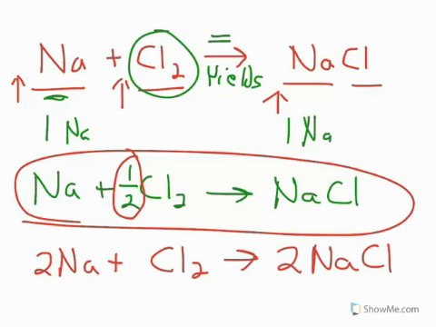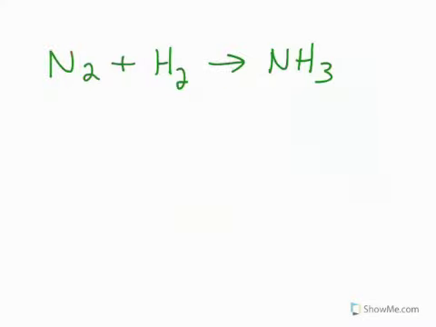Let's do a couple more examples of simple ones. Here's another reaction that I've written out. Nitrogen plus hydrogen gives ammonia. Pretty simple here. Notice that I have 1 nitrogen on this side, 2 nitrogens, and 3 hydrogens, 2 hydrogens. So I can start anywhere I want, but it's going to be easier if I start with the nitrogens.